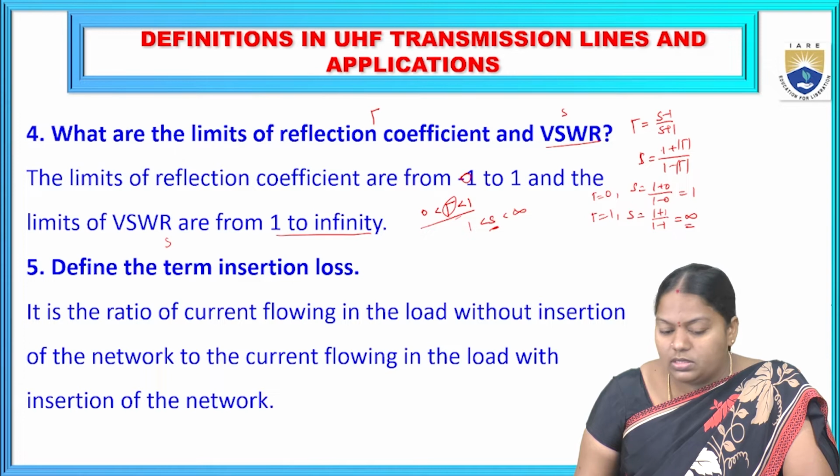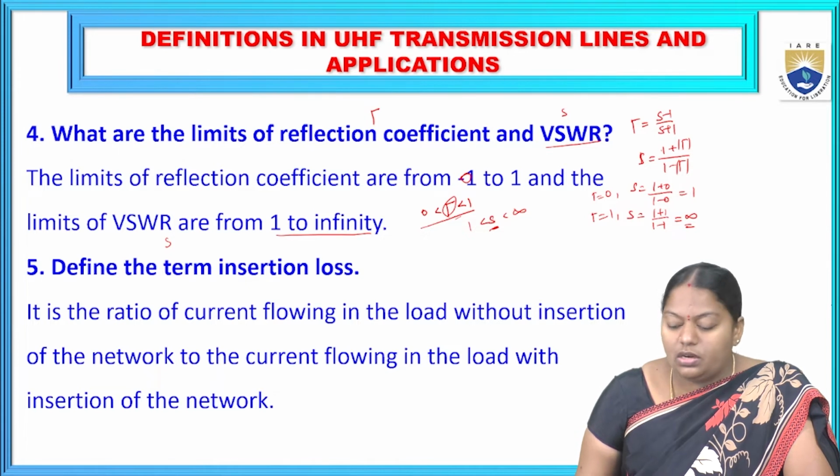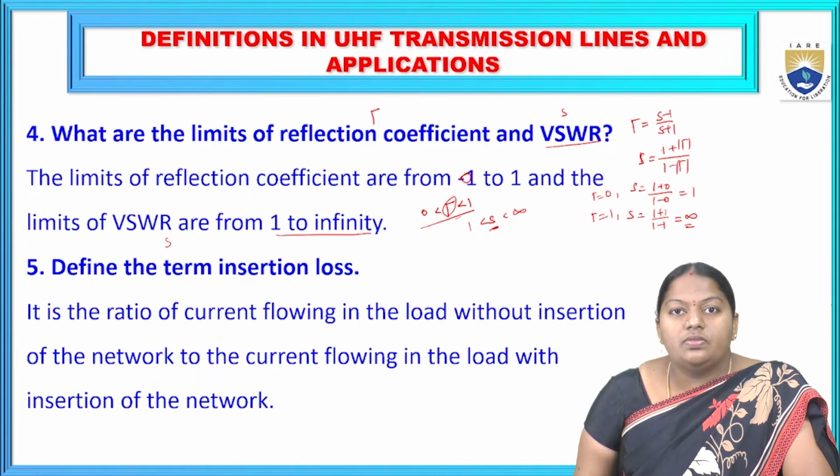So in this we have discussed the limits of the reflection coefficient as well as standing wave ratio. As we know, the reflection coefficient ranges from 0 to 1, and the VSWR, that is voltage standing wave ratio, is represented with S, and it ranges from 1 to infinity. How does it vary from 1 to infinity?